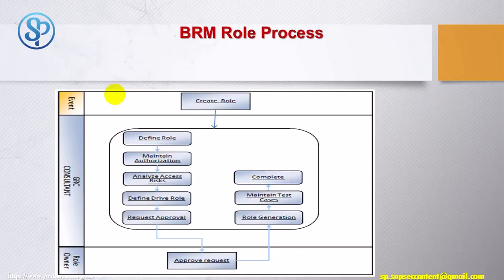We will initiate the role, single, derived or composite, and give the inputs. Automatically, it will initiate the workflow approvals. So automatically each step will trigger to a particular stage, and when that particular task has been completed, it will move to the next stage like this.